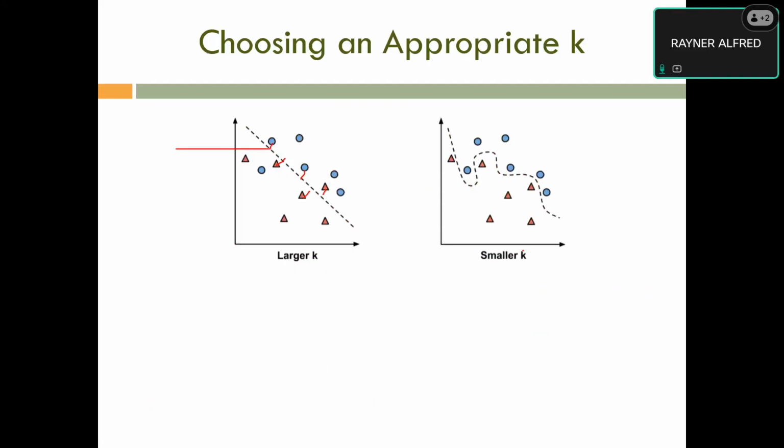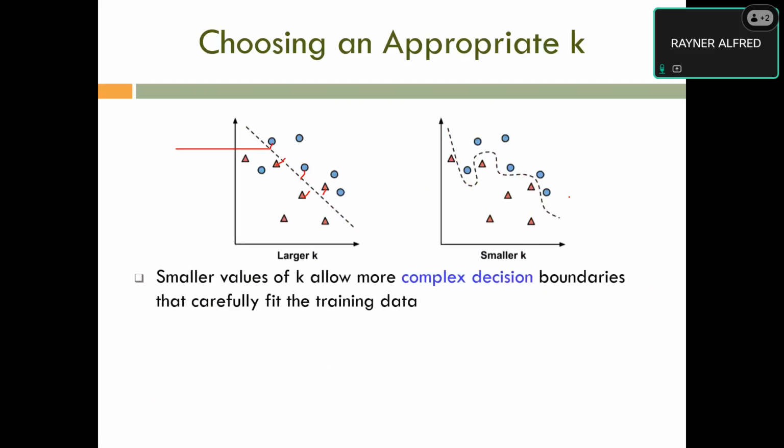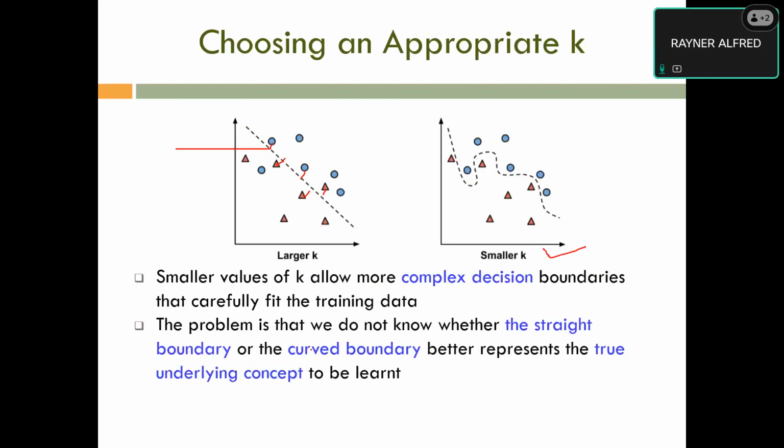But for this one it is overfitting because you have a smaller k here. So you are too strict, and for that reason your training result would be low. Okay, so a smaller value of k allows a more complex decision boundary, which is this. That will cause you overfitting.